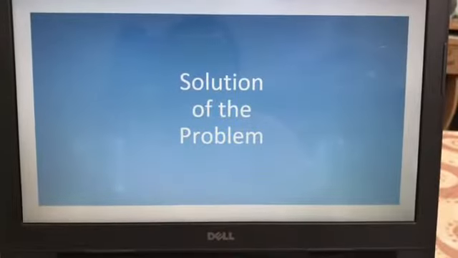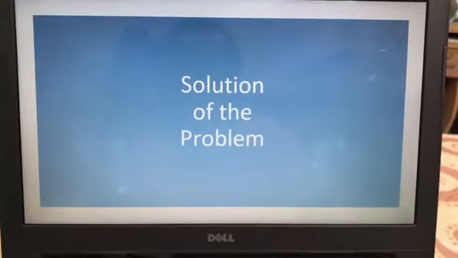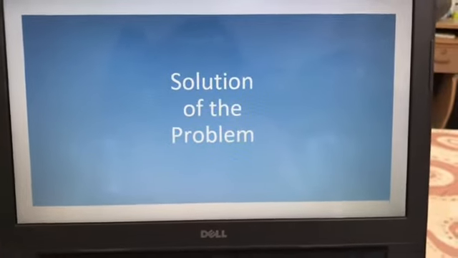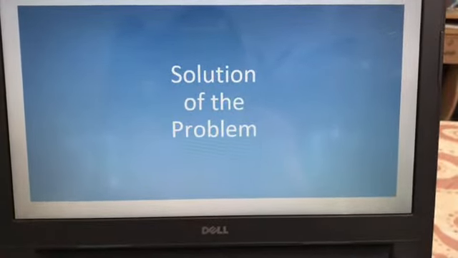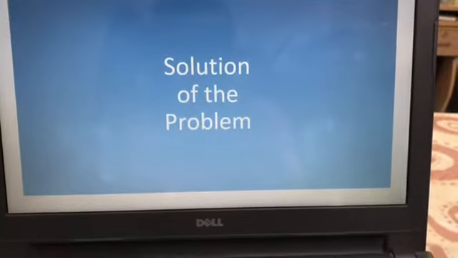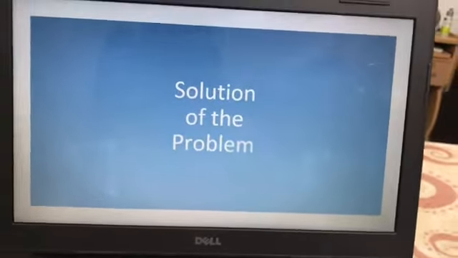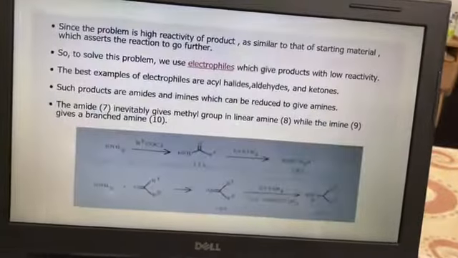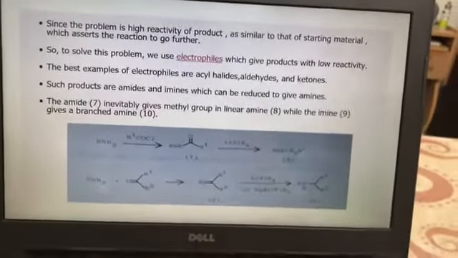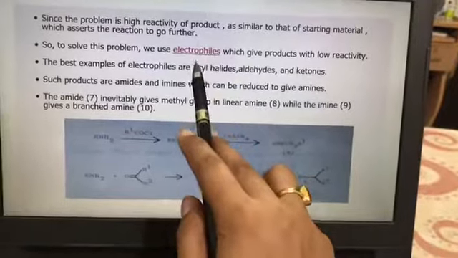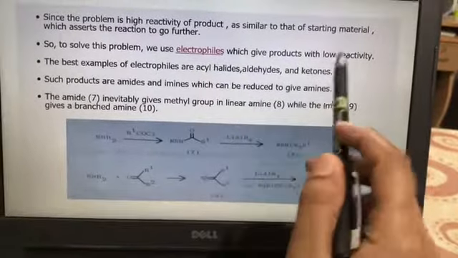Or otherwise, if a bulky group is bonded to nitrogen, then also we can follow this. But other than conventional, what methods can we use? Because there are many instances where we don't have a bulky group or an electron withdrawing group. Then what is the solution to this problem? We use electrophiles so that we can get products with low reactivity.